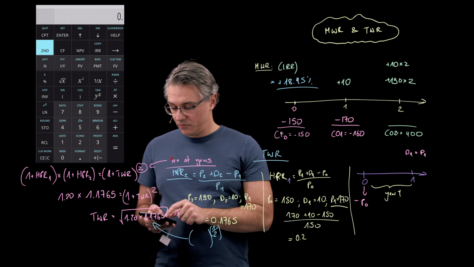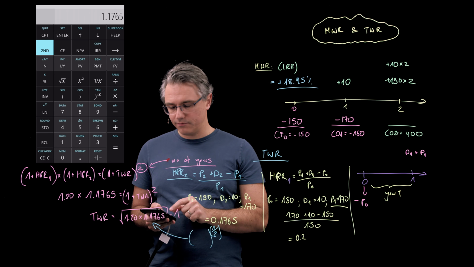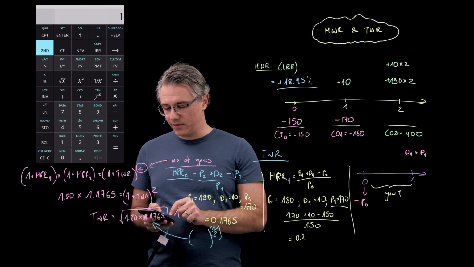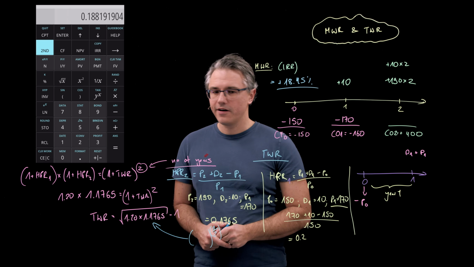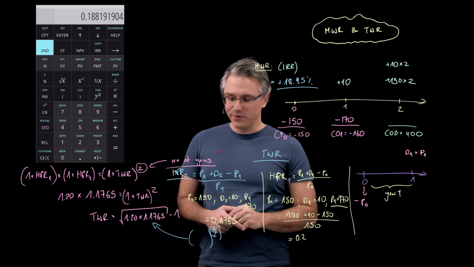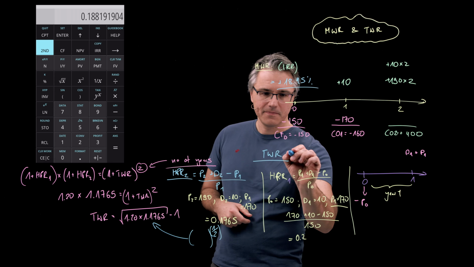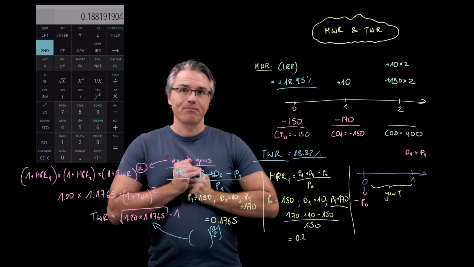So 1.2 times 1.1765, press the equals key. Now square root this and deduct 1. Okay, I can see that the time-weighted return here is 18.82%. Now, how do you interpret this?